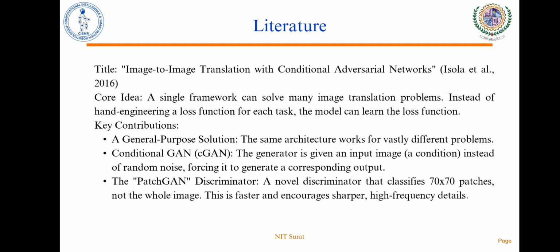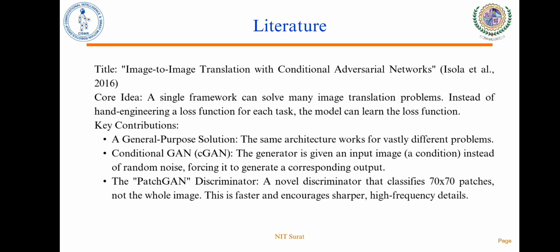Important contribution: a single architecture works across many tasks. The generator uses conditional input instead of noise. The PatchGAN discriminator works on small 70 by 70 patches, giving faster training and better texture details.